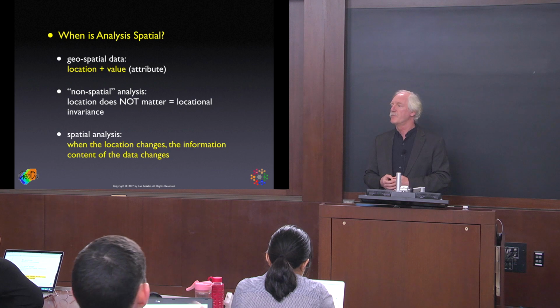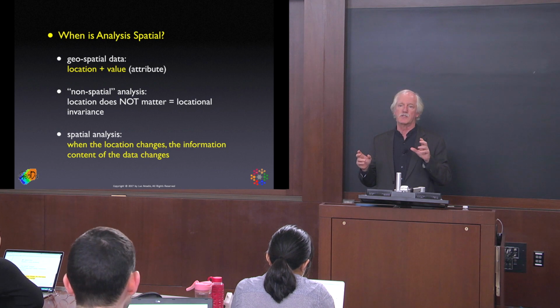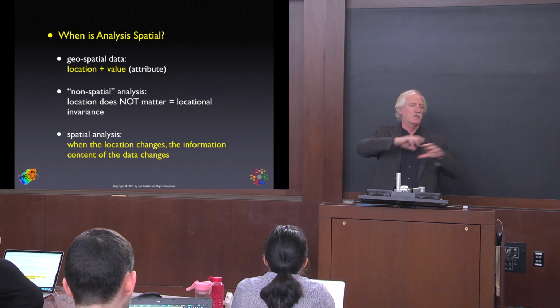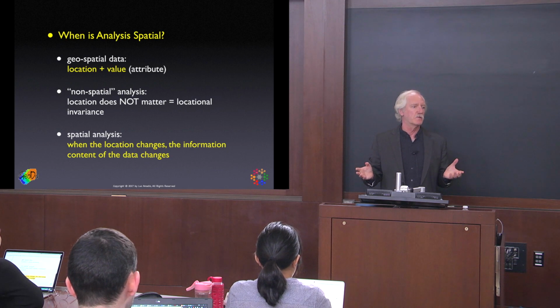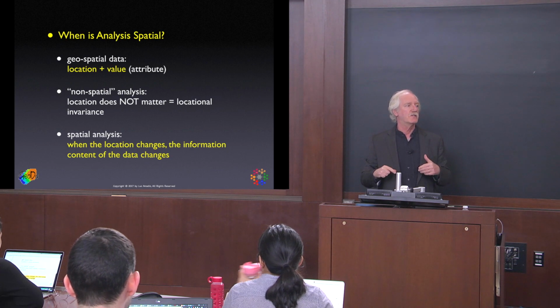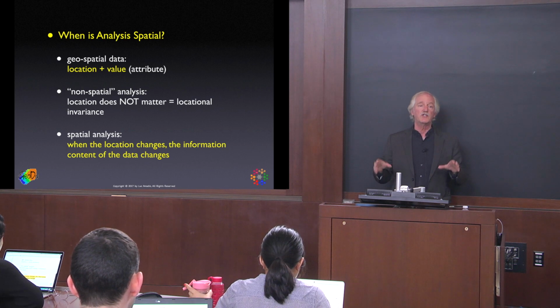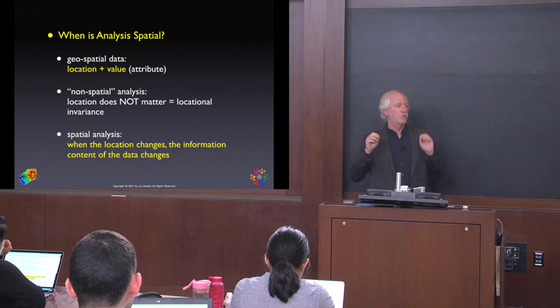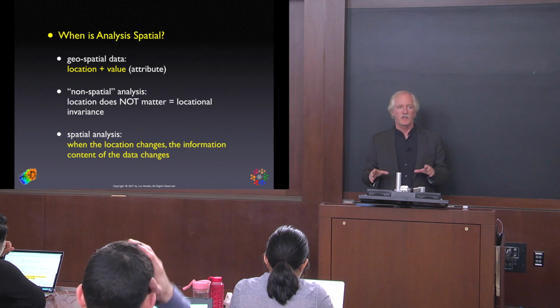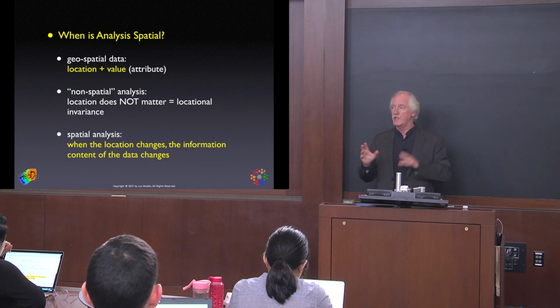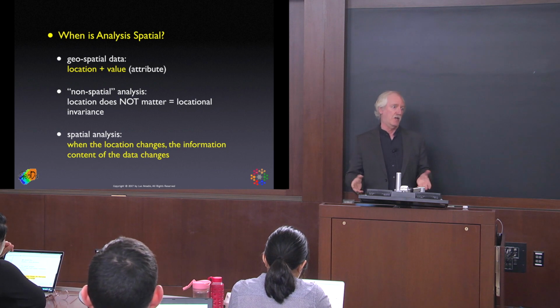In other words, you can take the same data points and put them in different positions on the map and you get the same results. Spatial analysis, that's not the case. In spatial analysis, location, distance, relative position, all these things matter. And if you change those, the results change.